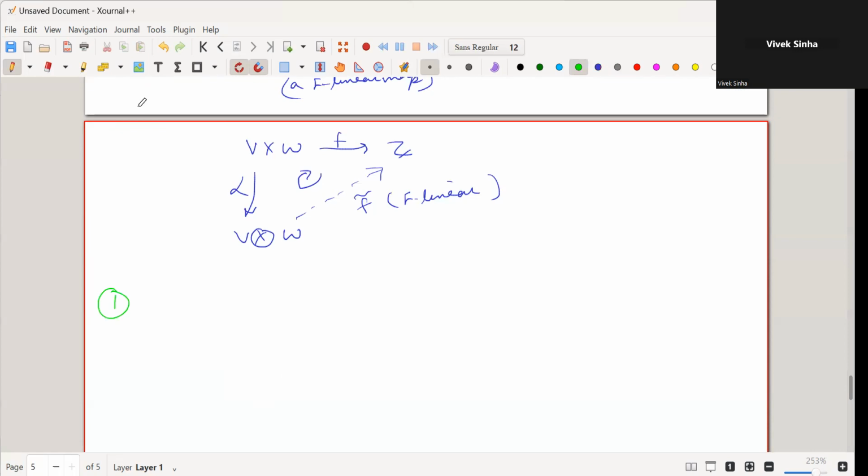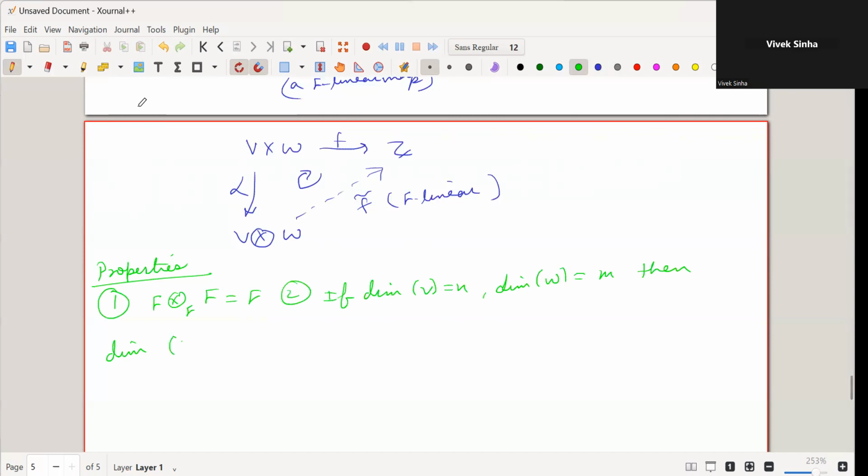So it has some properties. First, F tensor F over F is F. Second, if dimension of V is equal to N and dimension of W is equal to M, then the dimension of V tensor W over F is NM.